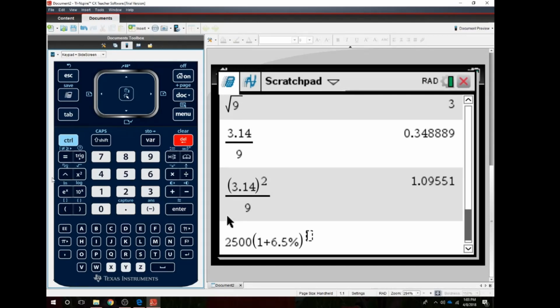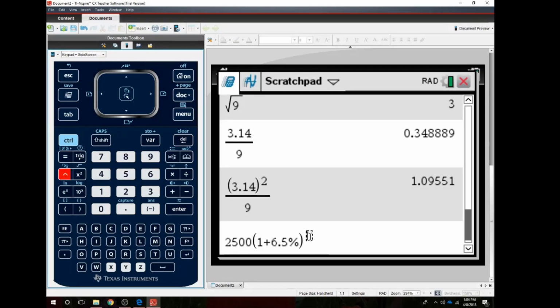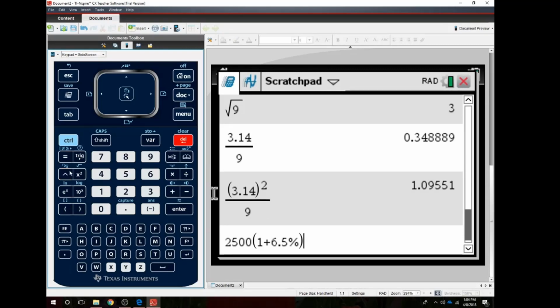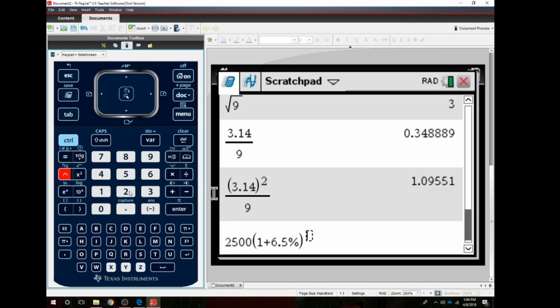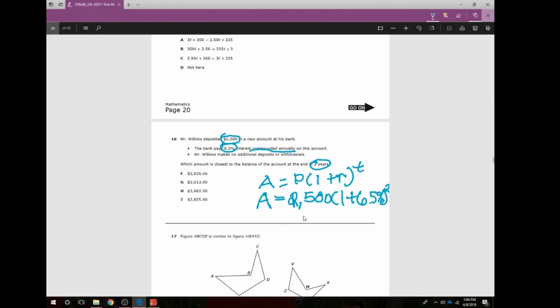Notice how I got that to get the power sign? If I ever need to get a number above my parentheses, I press this little caret over here. It looks like a little hat, like an upside down V. I press it, and I get a box that looks like that. I'll do it again. I press this button, and I press 2. So this should look exactly like I have my formula here.